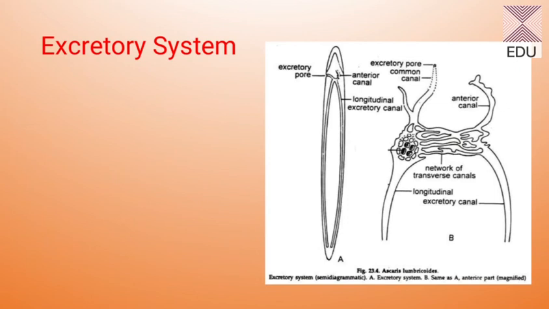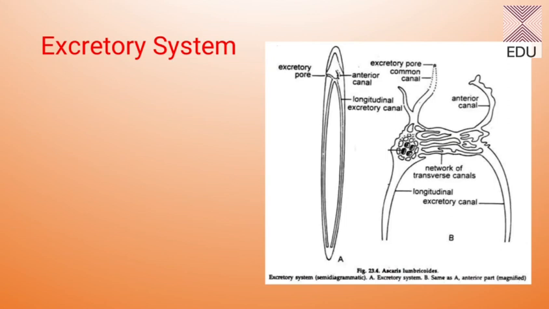First of all, for the excretory system, we must be very clear that this system is formed by a huge excretory cell at the juvenile stage of the Ascaris. When the Ascaris was forming, in the juvenile stage, there was a cell which was called the renette cell. So the renette cell has formed this particular system.